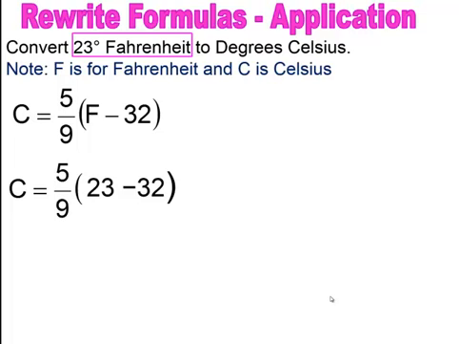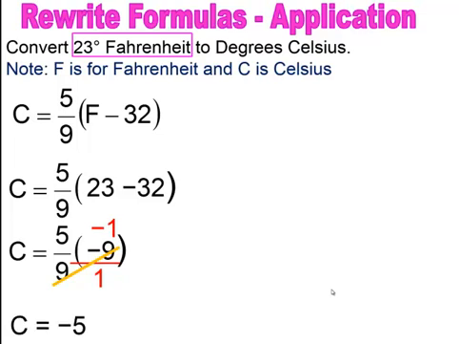Order of operations says you have to do parentheses first before you can do multiplication. So inside the parentheses, we have 23 minus 32, which is going to give us a negative 9. Now you can do the multiplication, and you end up having a negative 9 over 1, so you have fraction to fraction. Simplify, multiply across, so for 23 degrees Fahrenheit, you end up with a negative 5 degrees Celsius.